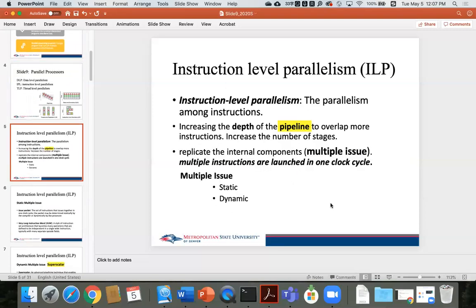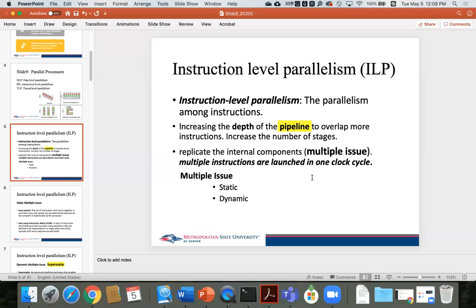So let's start with instruction level parallelism. Instruction level parallelism focuses on how to perform parallel processing of the different detailed tasks inside one instruction or among multiple instructions.